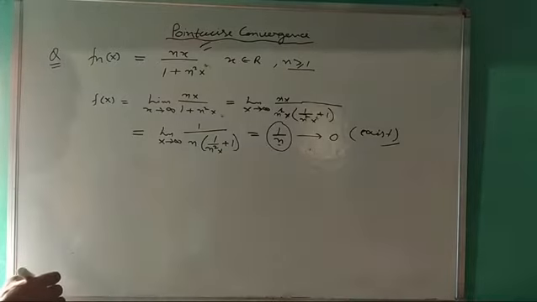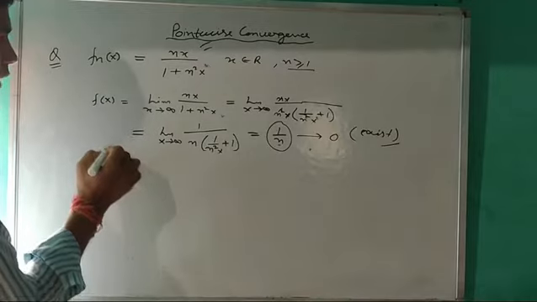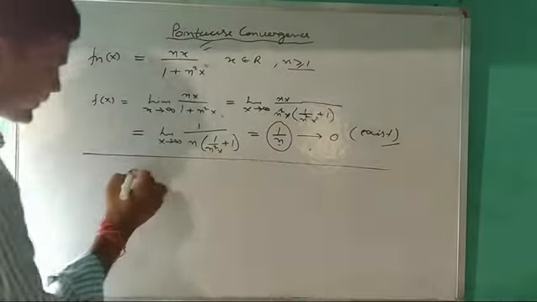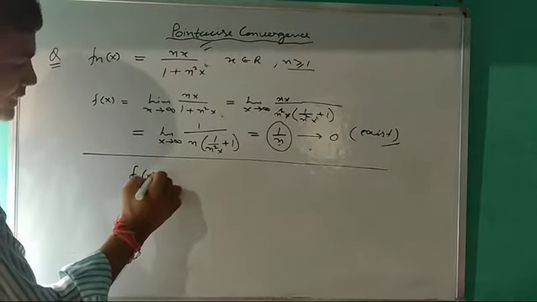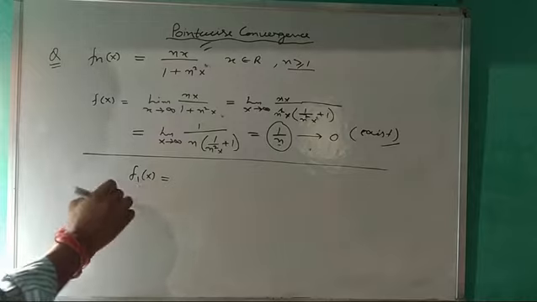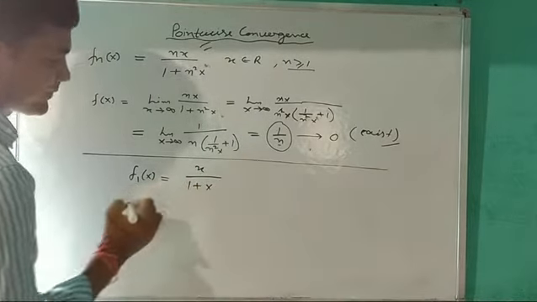And another method is, suppose when you put 1 in place of n, f1(x) is x upon 1 plus x.